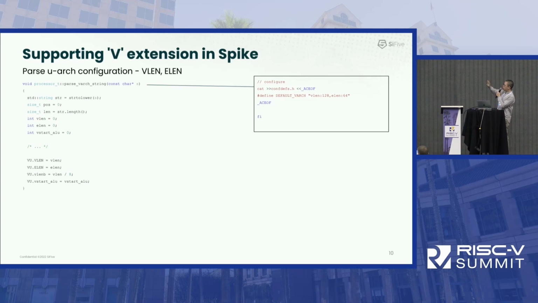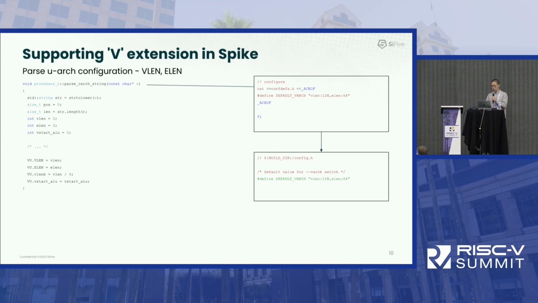Under the configure file, the line of code highlighted here would generate a config.h header under the build directory when you trigger it. And as you can see, under the header file, the VLength was set to 128 and the ELength is set to 64.